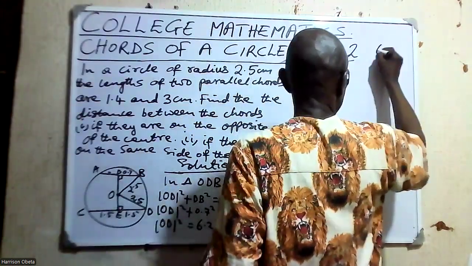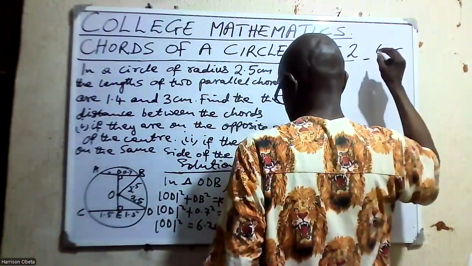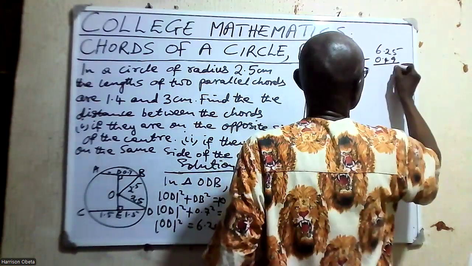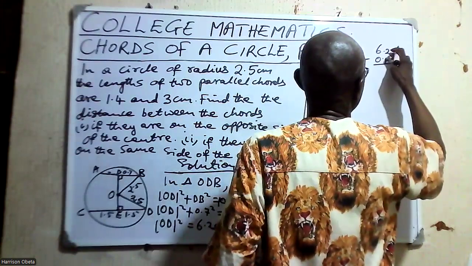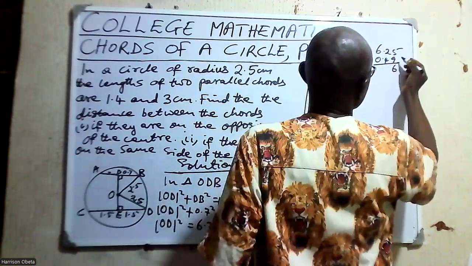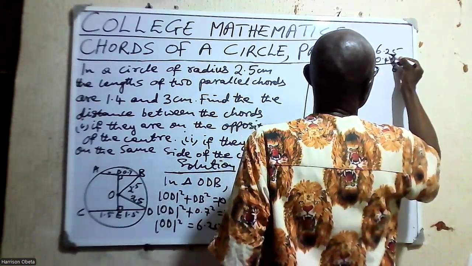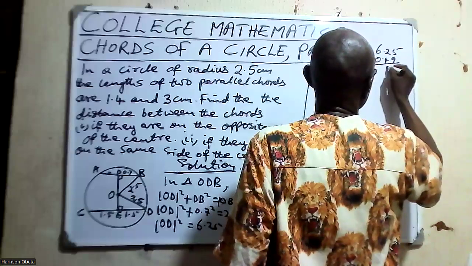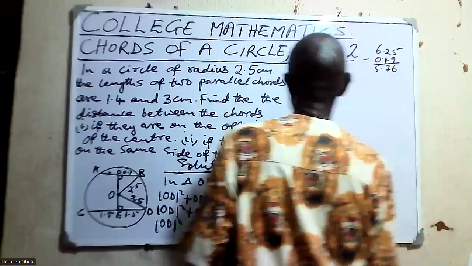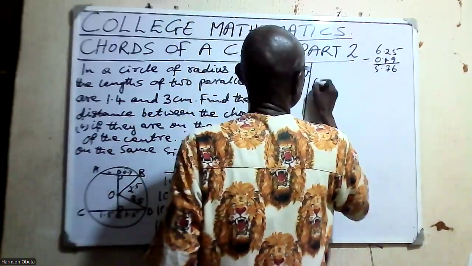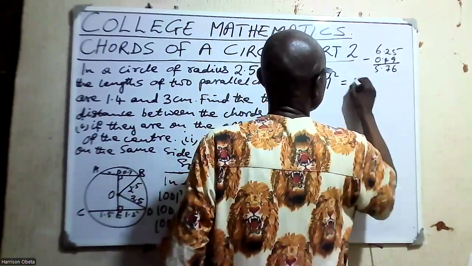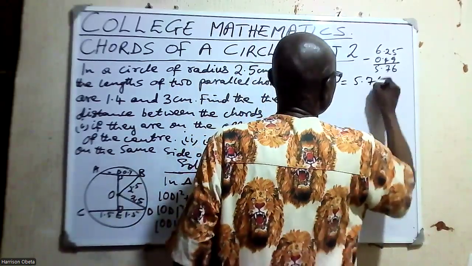That will give us 5.76. So OD squared is equal to 5.76.